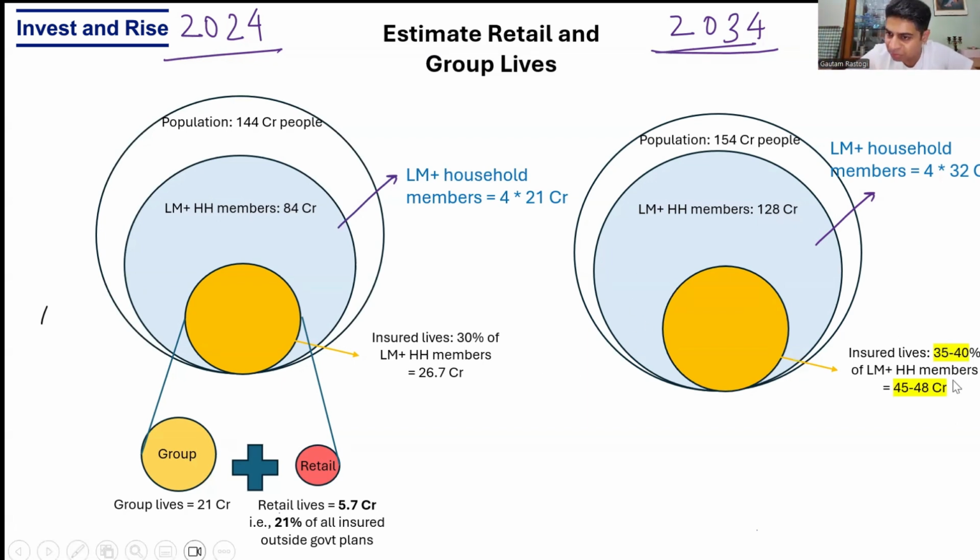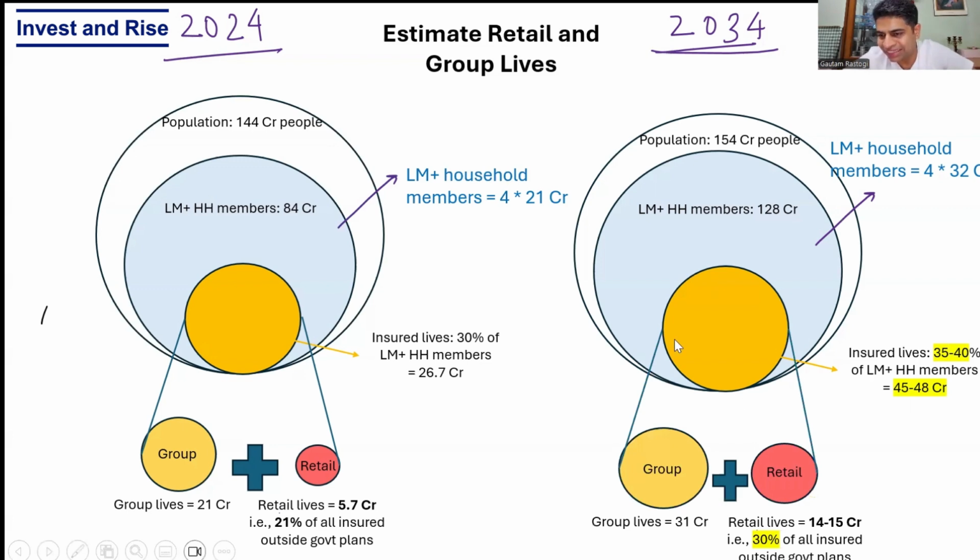So this 30% becomes 35 to 40%. This is an assumption. I have it in yellow. I will come back to it. This is an assumption. So the number of insured people covered by retail and group insurance becomes around 45 to 48 CR people from 27 CR today.